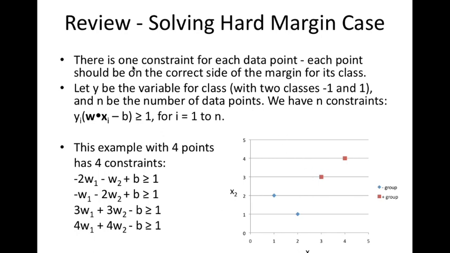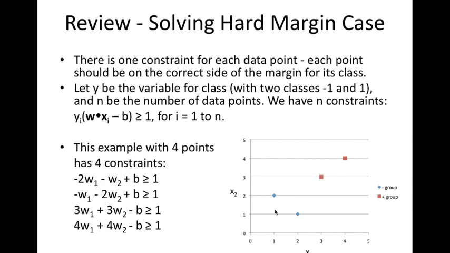And so there is one constraint for each data point. Basically, that's because each data point needs to be on the correct side of the margin for its class. So that gives rise to one constraint for each point. So letting y be the variable for class and n be the number of data points, these are each of the n constraints that we would get. So in that simple example we saw, we would just plug these points into this equation.